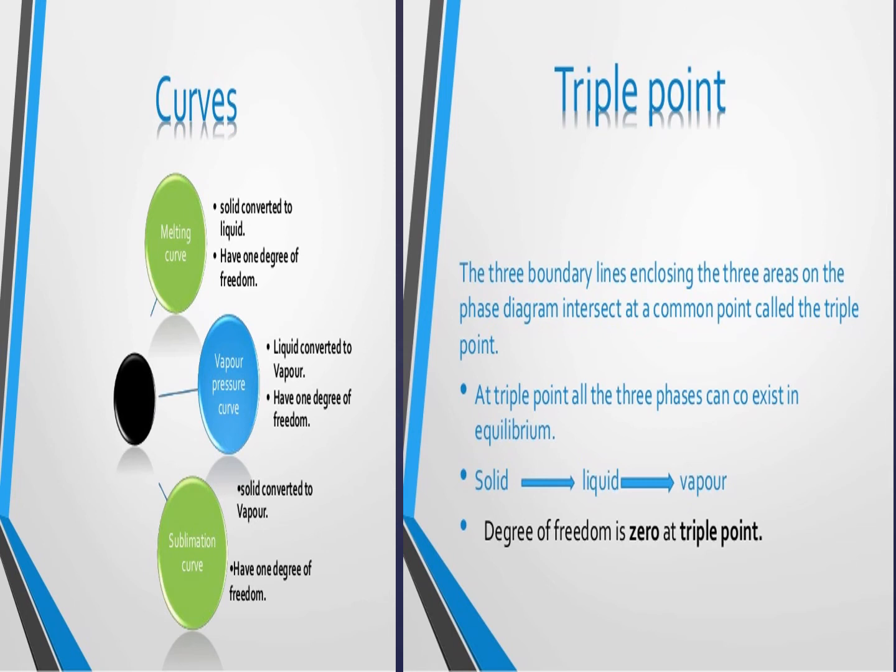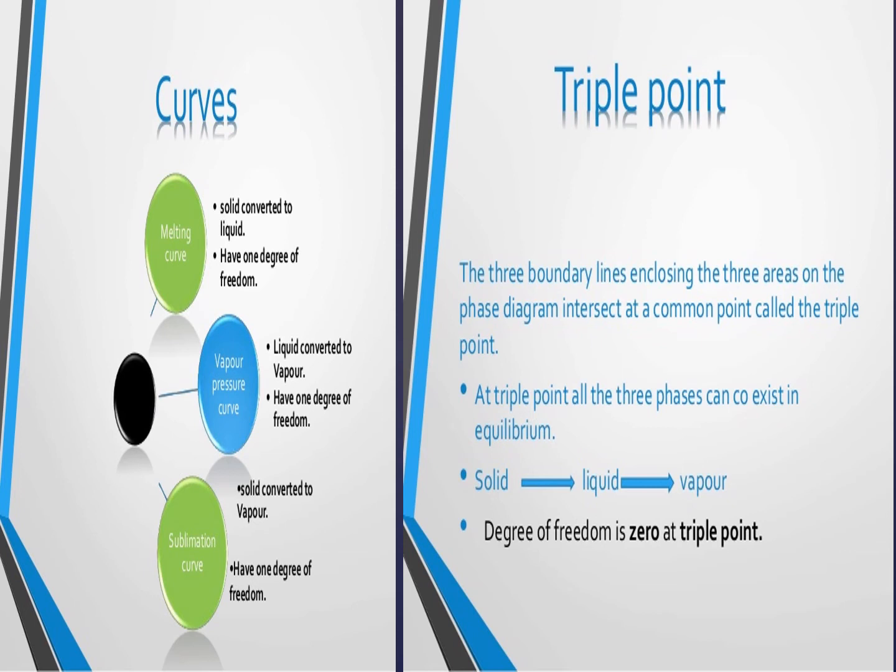The vapor pressure curve, where liquid is converted into vapor, also has 1 degree of freedom. The sublimation curve, where solid is converted to vapor, also has 1 degree of freedom. So these three curves have F = 1 and are monovariant curves.